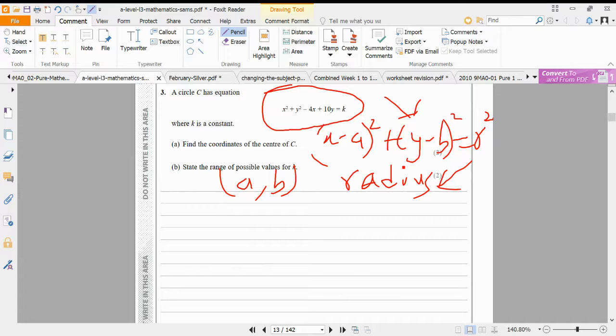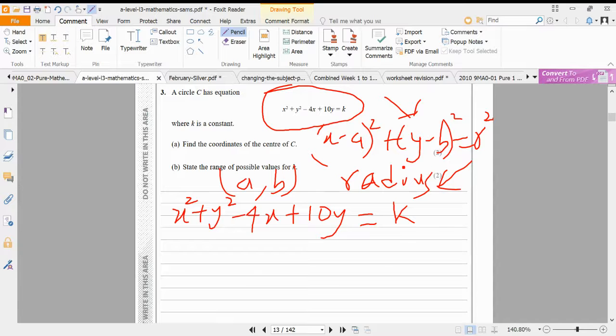Now, do not forget how you complete the squares in a quadratic equation. So let's go. This is x squared plus y squared minus 4x plus 10y equals k. To the right hand side you have k, that's a constant that you don't know right now, but eventually you might have cause to know that.